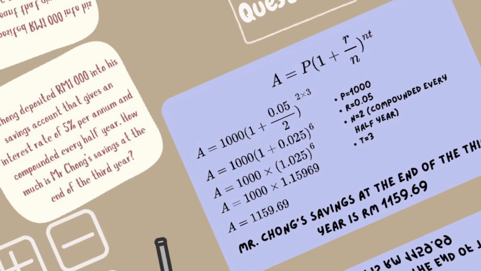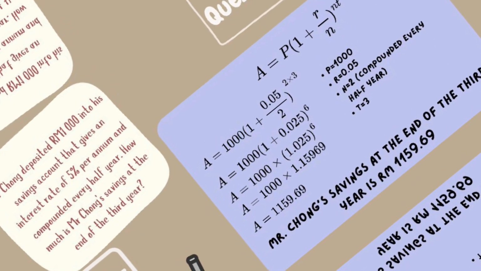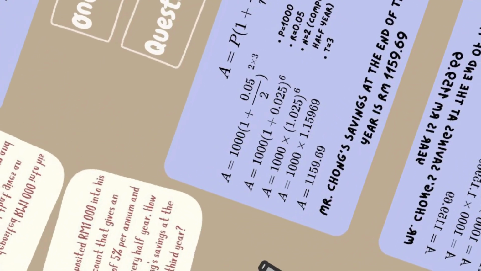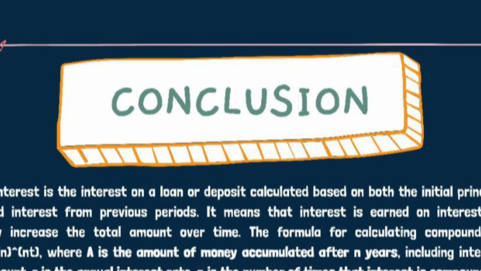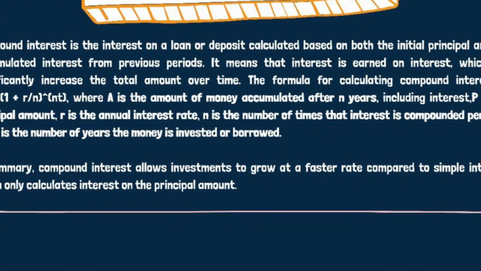So after 3 years, Mr. Chong's savings will be Rm 1159.69.